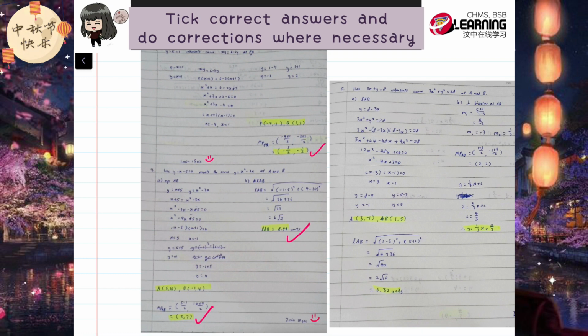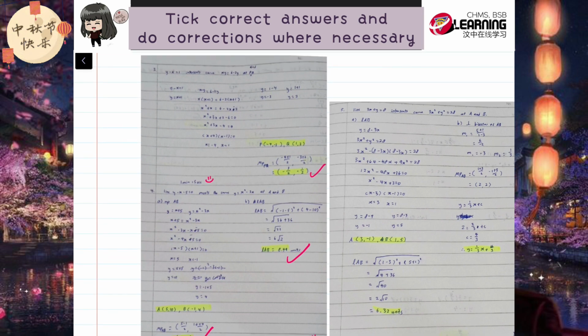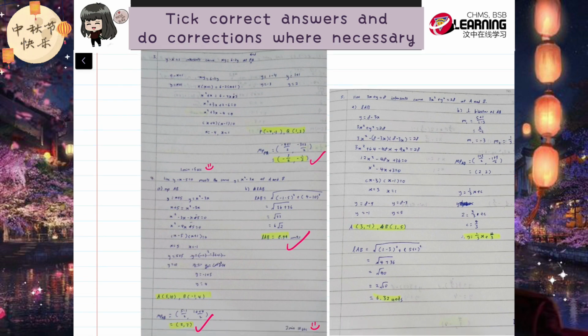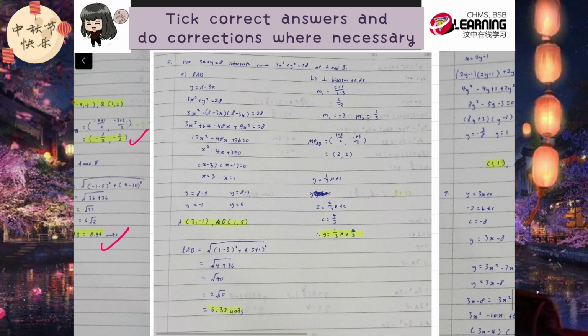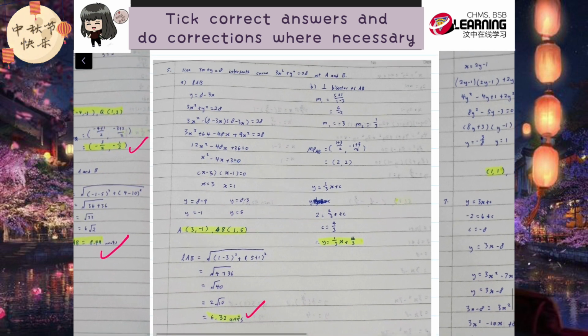I've seen you write your duration time on your working. Most of you get 5 minutes or below, but if you get more than that, it's okay, it's just practice.